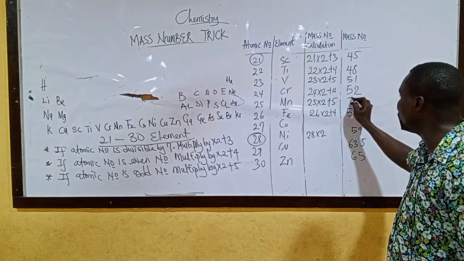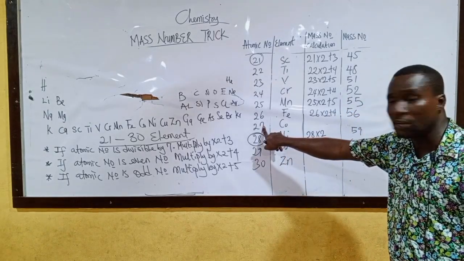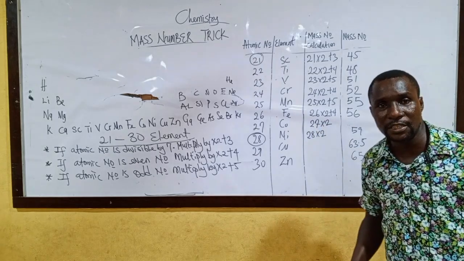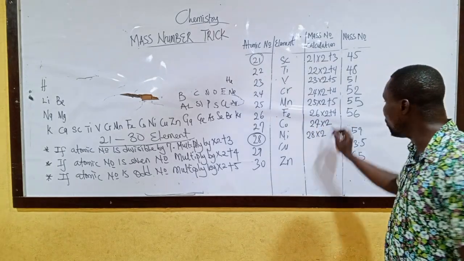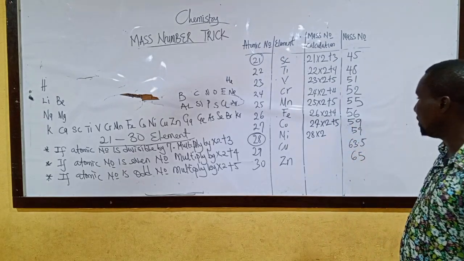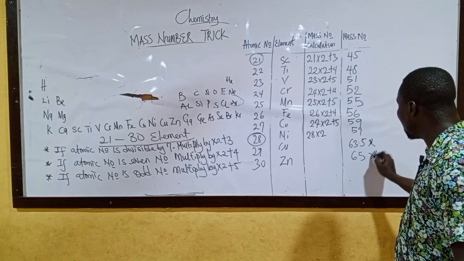Plus 5 means 55. 27 times 2 is 54. Plus 5 is 59. Please look at this. This is a special case.